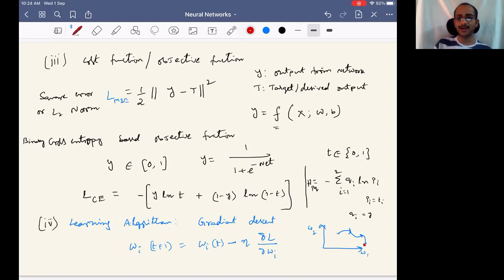What else does it depend upon? Learning parameter. What else? How fast I move sometimes will determine it, because if I'm moving very fast, I may go to the other extreme and then oscillate.